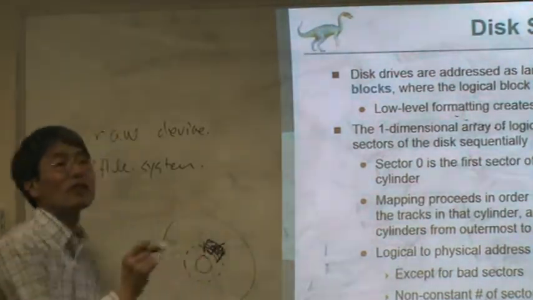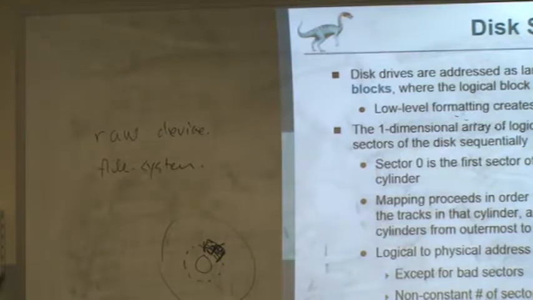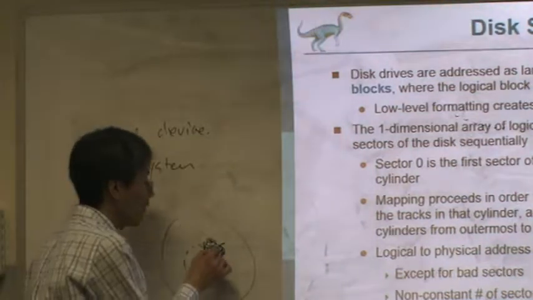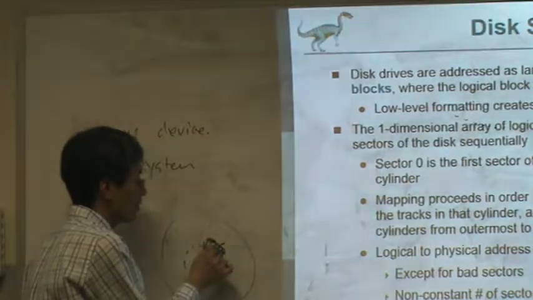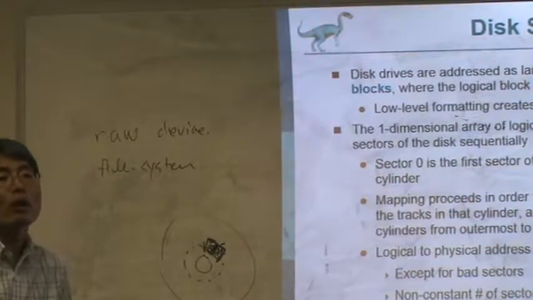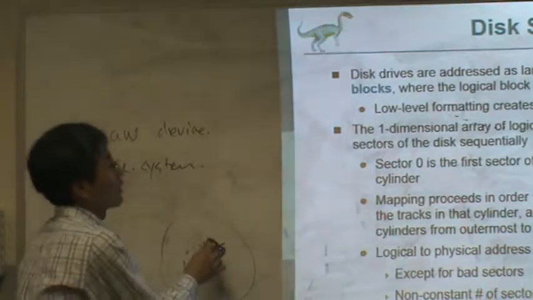This block is a fixed size. However, the sector can be of various sizes. So sometimes you can put only one block in a sector, or sometimes multiple blocks. So that is the blocking.